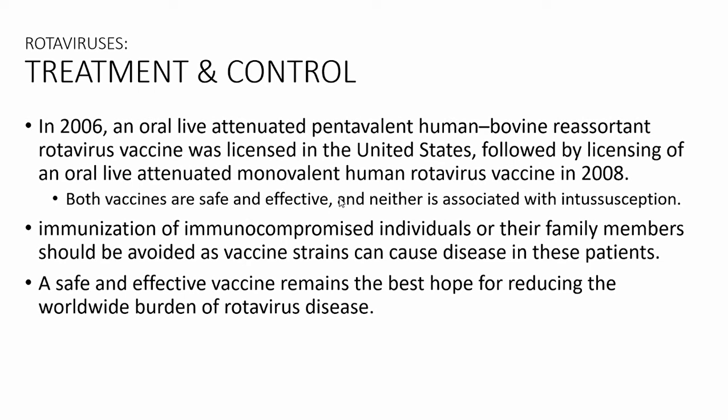These vaccines are safe and effective, and neither is associated with intussusception. Immunization of immunocompromised individuals or their family members should be avoided as vaccine strains can cause disease in these patients, since again, this is live attenuated. A safe and effective vaccine remains the best hope for reducing the worldwide burden of rotavirus disease.